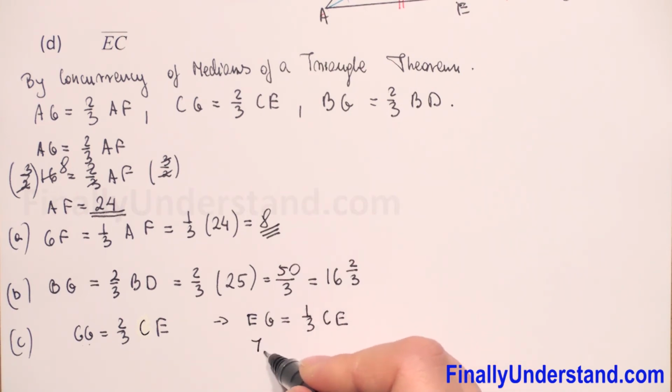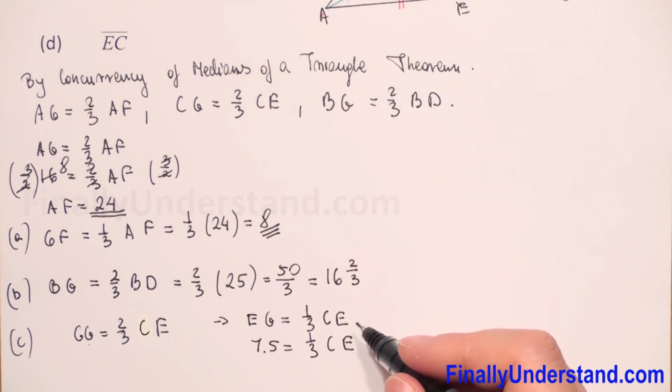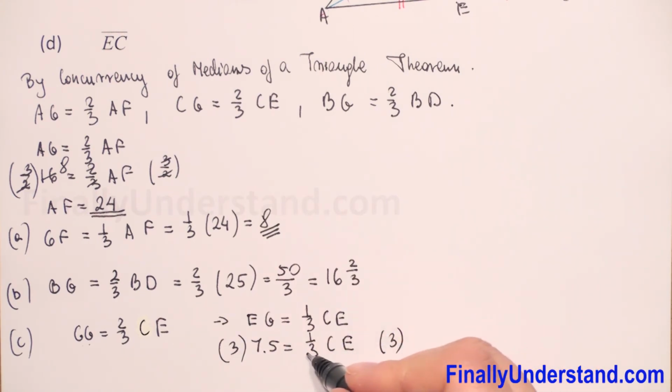This is given. And the right side we will copy 1/3 CE. So now I will multiply by 3 both sides to reduce fraction, and 3 with 3 we can reduce, and I will change the sides. On the right side we have only CE, so CE is equal 3 times 7.5. So this is equal 22.5.